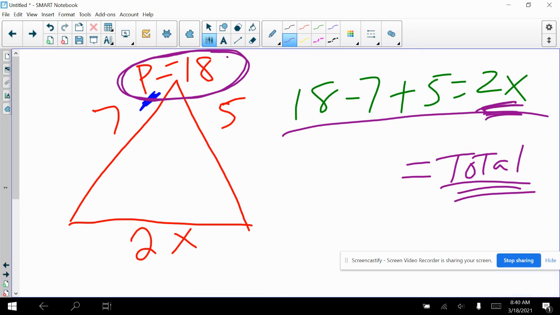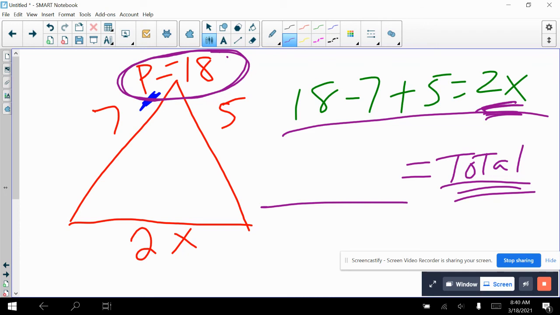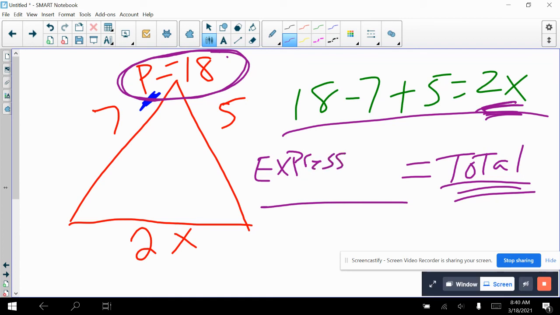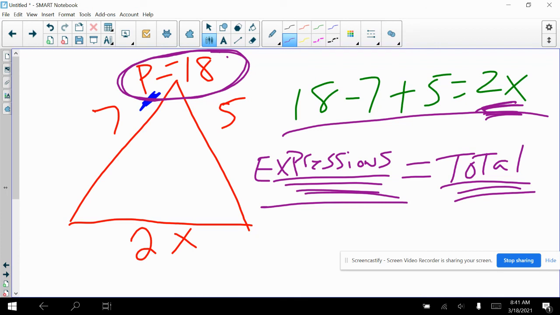Might want to write this down. And on the left side or right side, that is where your expressions are going to go. And then you're going to try to balance out the total by adding and subtracting, multiplying and dividing, our balance scale to make everything equal.